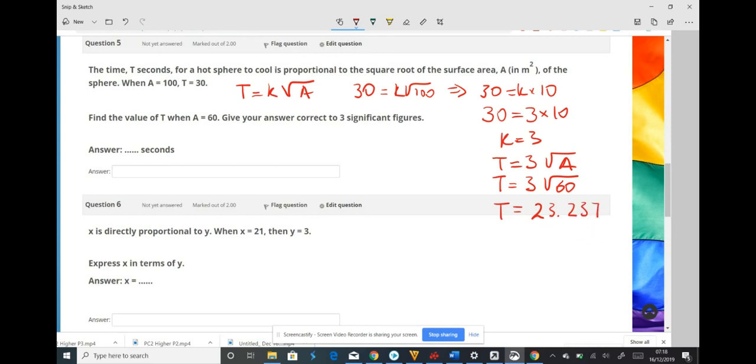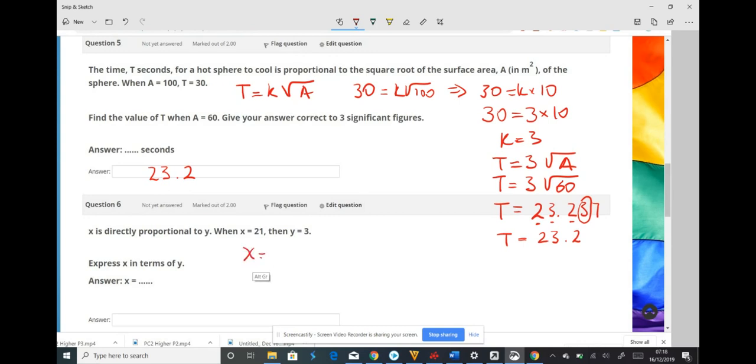It continues. We've got to write this correct to 3 significant figures. So the 3 significant figures would be 2, 3, 2, the digits with the highest value. So t is equal to 23.2 because 3 here is lower than 5. So I'm going to write 23.2.